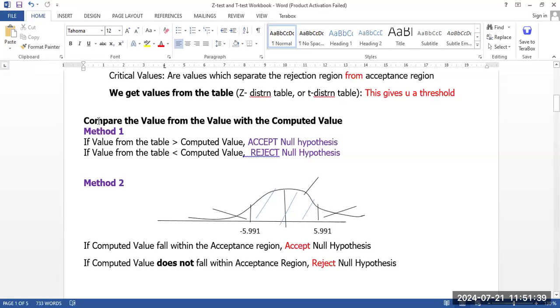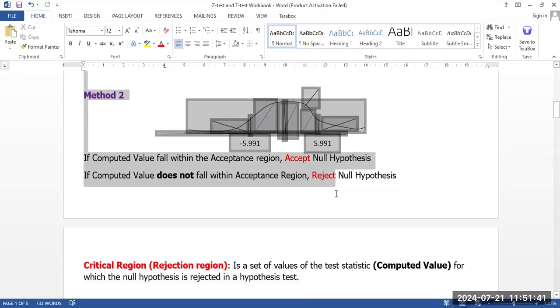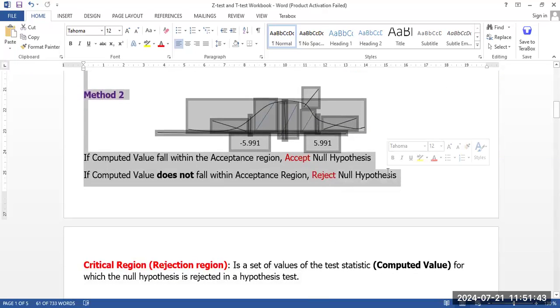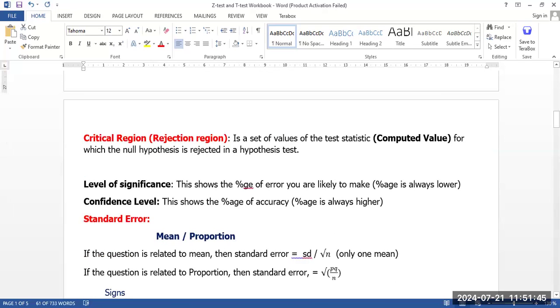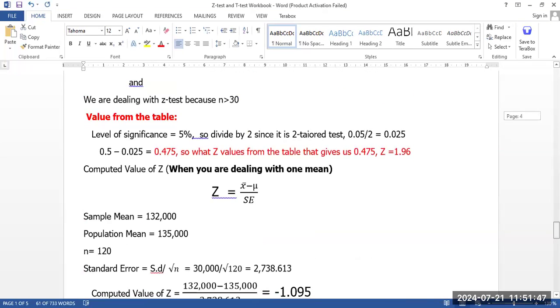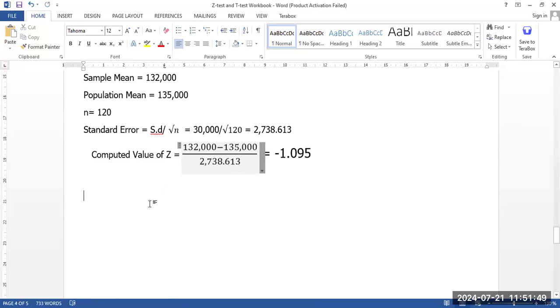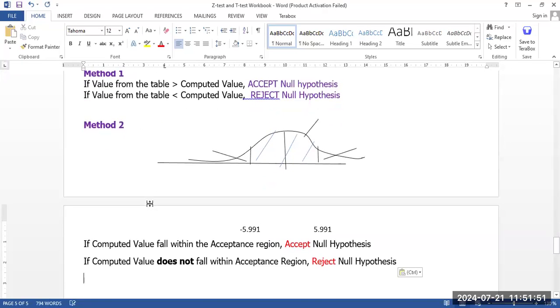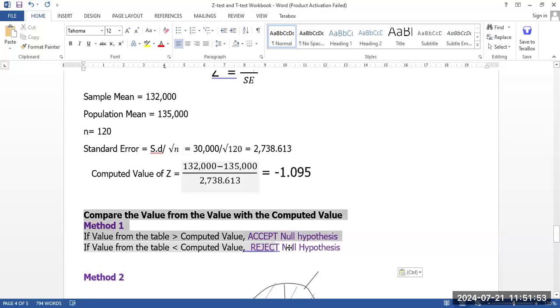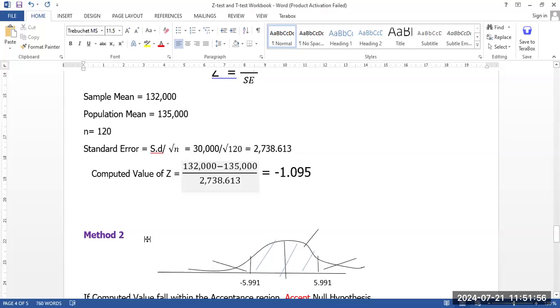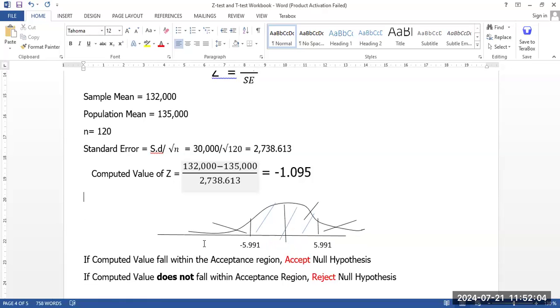We have 2 methods to conclude, but here I want us to focus on this one.